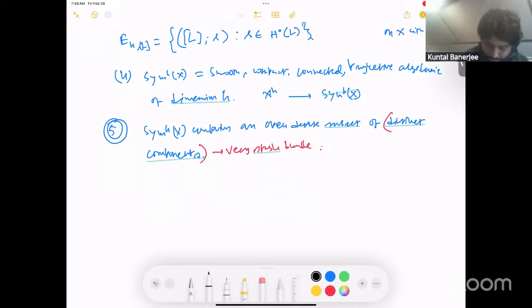So why is that true? You can think that an element in Sym^H X can be written as a direct sum of some stable bundles.